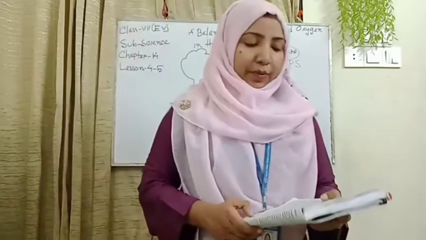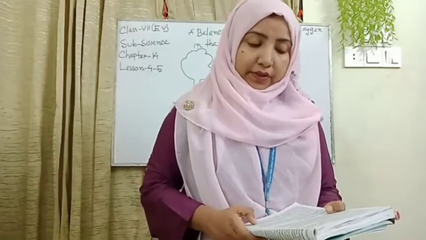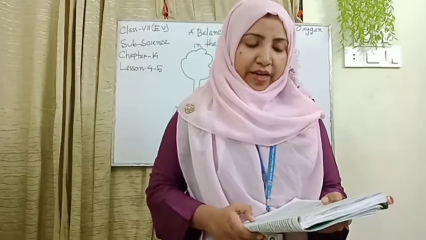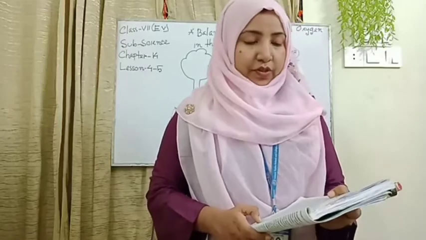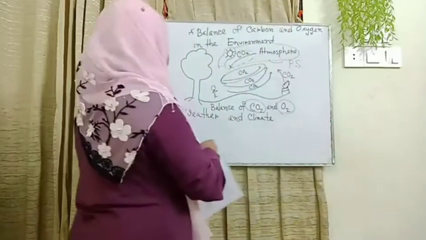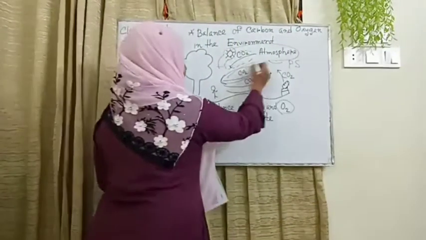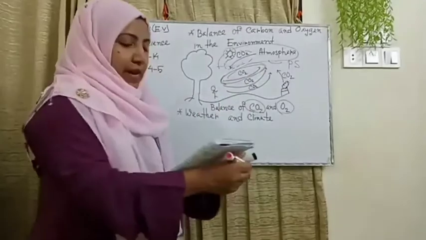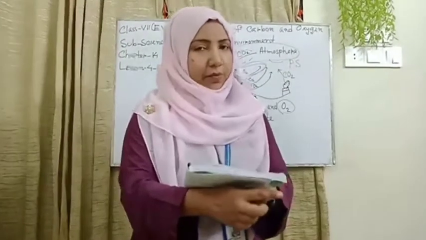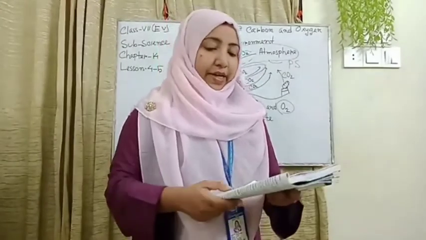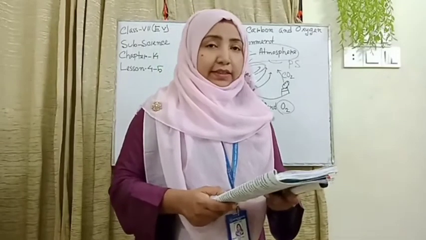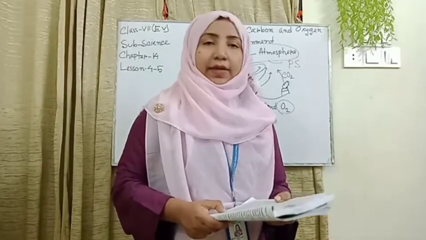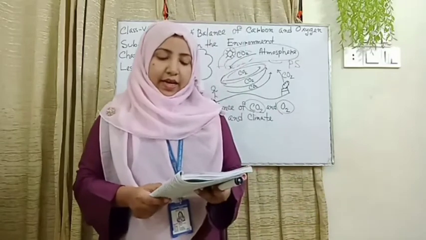Carbon from the body of organisms comes back to the atmosphere through three processes. Firstly, plants and animals at the time of respiration break glucose to produce energy using oxygen from the atmosphere and release carbon dioxide.